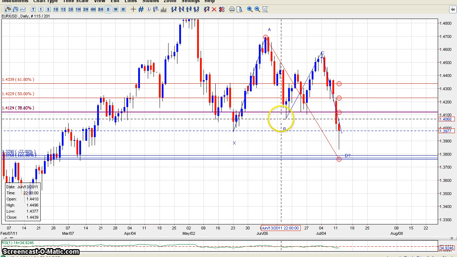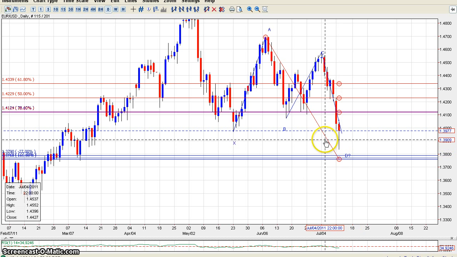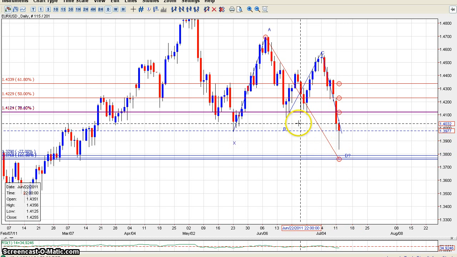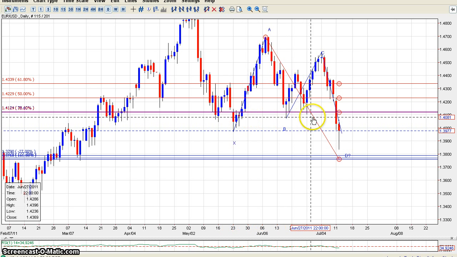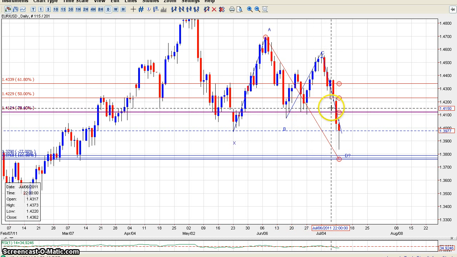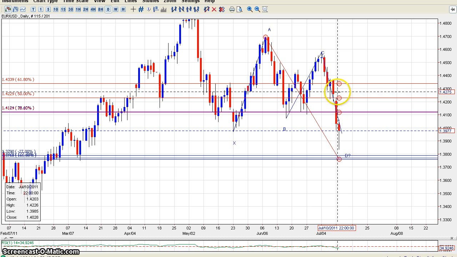As you can see, if price did reverse at this exact point, the lower bound of the support zone, then the 38.2 retracement of that coincides with this congestion here, which is at 1.4129. We've got 50% at 1.4229 and 61.8% at 1.4339.